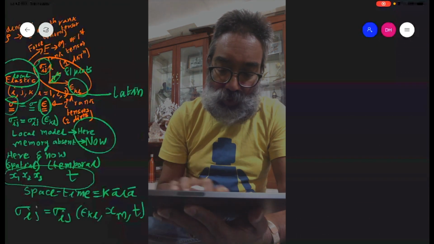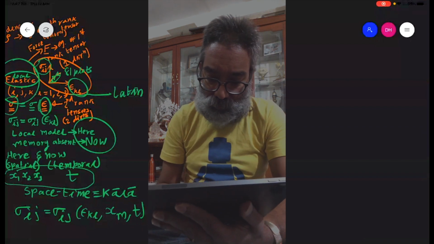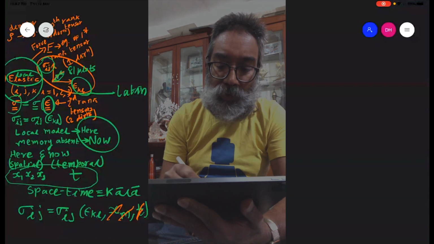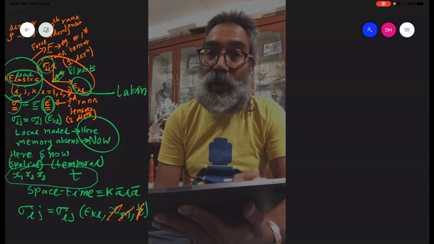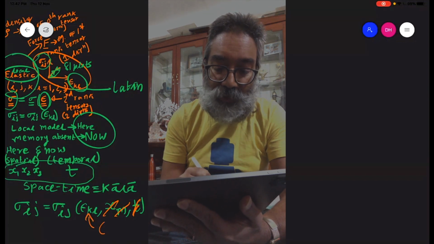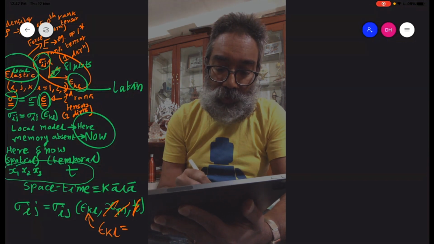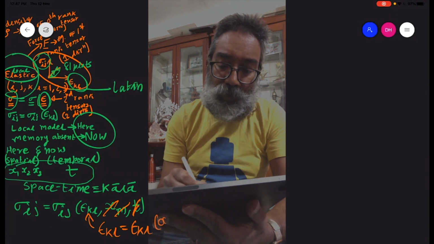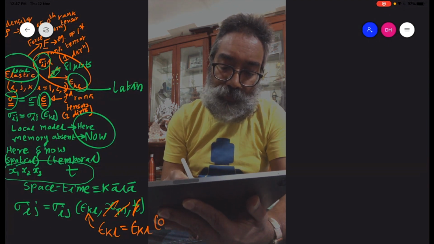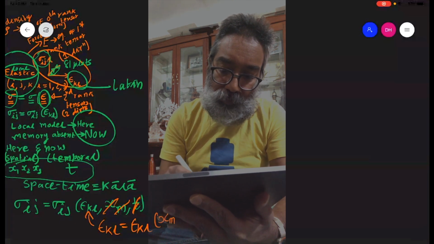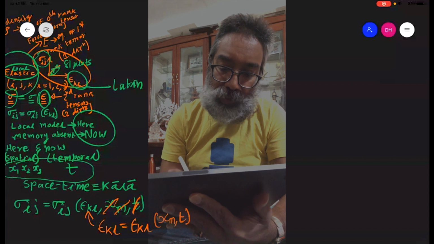You see what I wrote over here. So this dependence on xm and on time is through epsilon kl, because epsilon kl is a function of time, is equal to epsilon kl of xm and time.